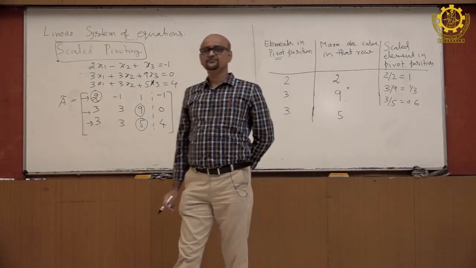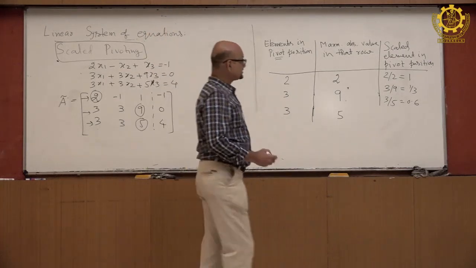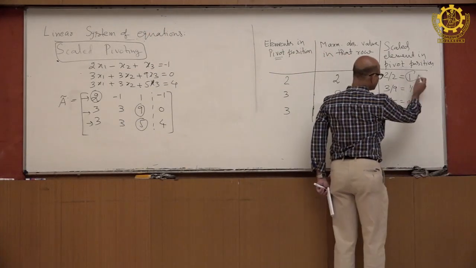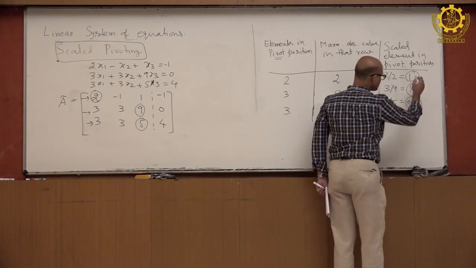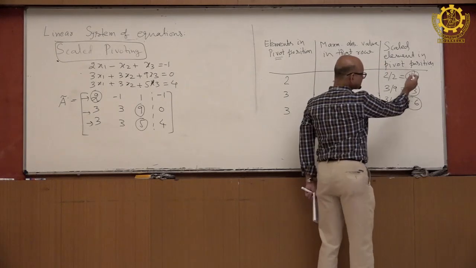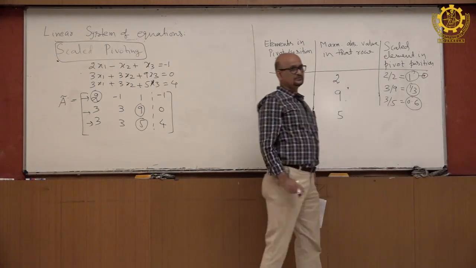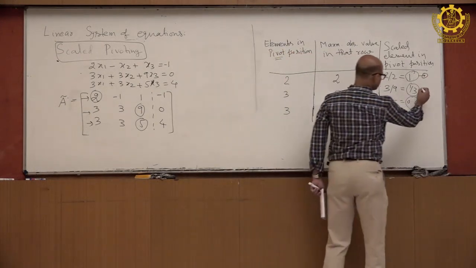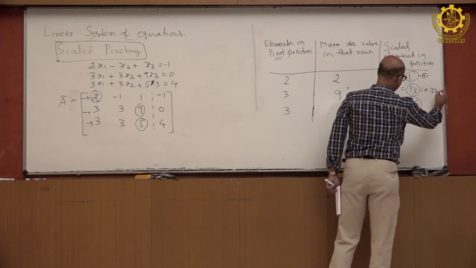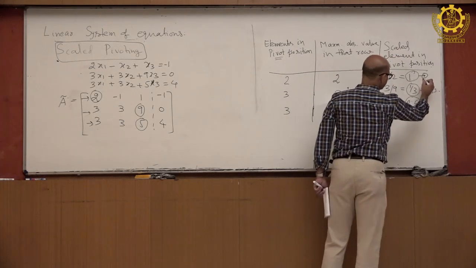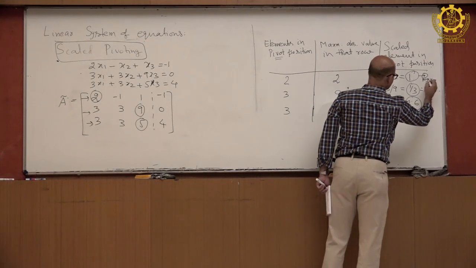This way we first scale, then I will check the absolute value of these, the maximum one. So here by chance maximum is 1, fine, 1 by 3 is your 0.33, so the maximum is 1.